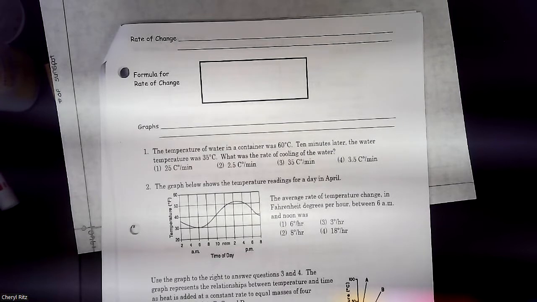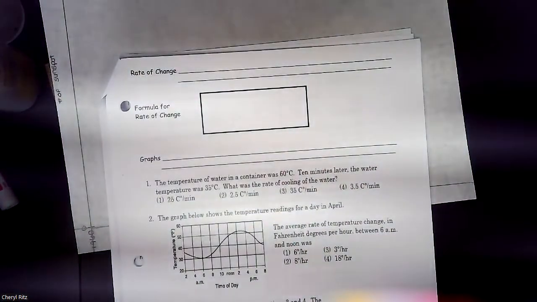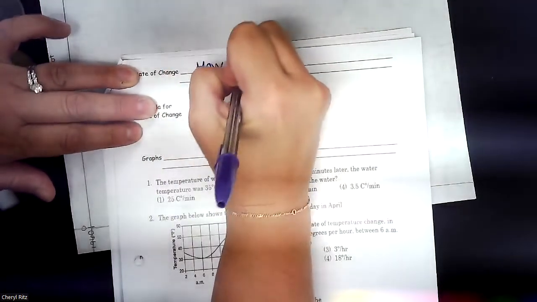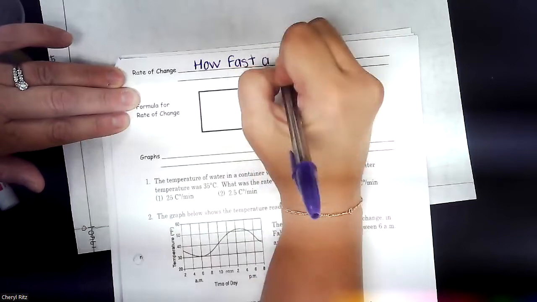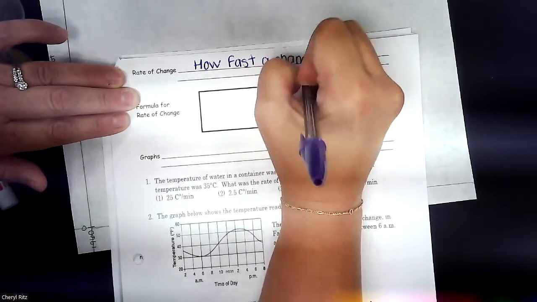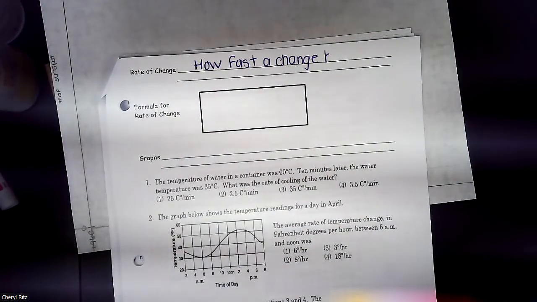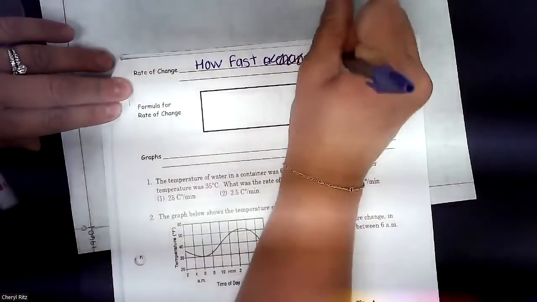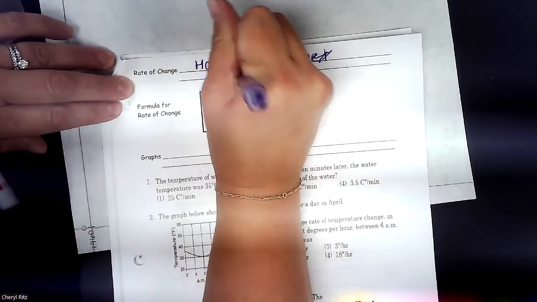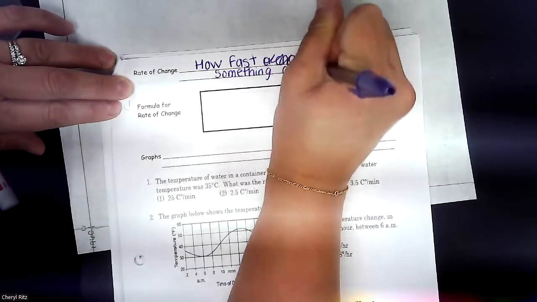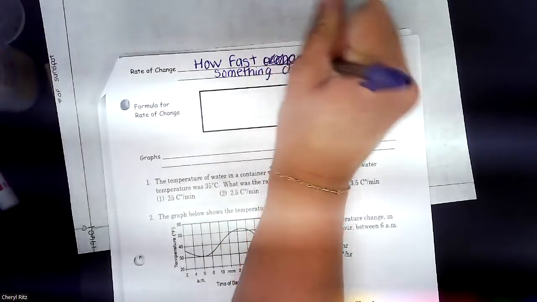So the rate of change, all we're gonna put there is, let me double check what I put in the notes there. That's what I thought. Keep it simple. How fast a change. What did I say? How fast something changes, sorry. And by something, you can fill in anything.